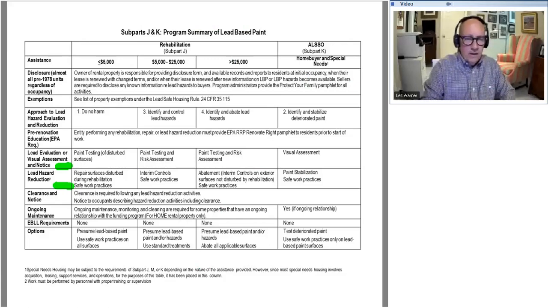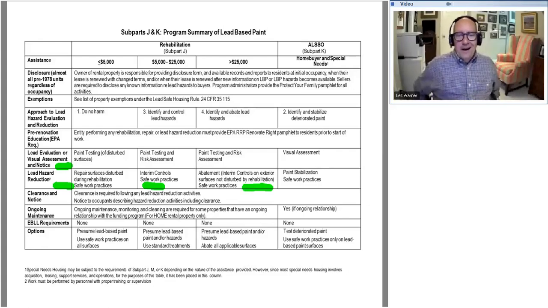If we are in the $5,000 to $25,000 category, then we're going to be using interim controls and, of course, safe work practices. And we're going to be talking in a minute about what's an interim control versus abatement. I'll just note here, we've already had questions on this for abatement.